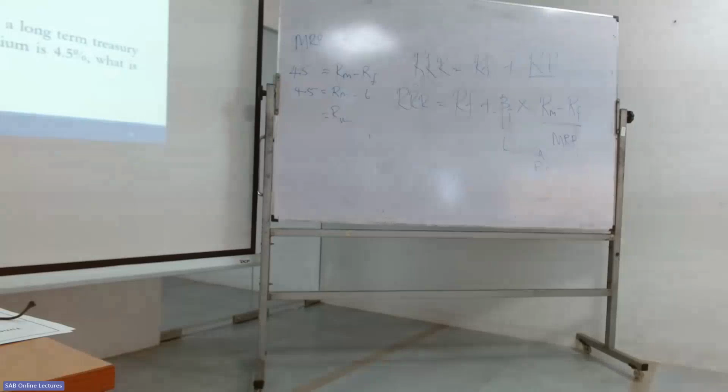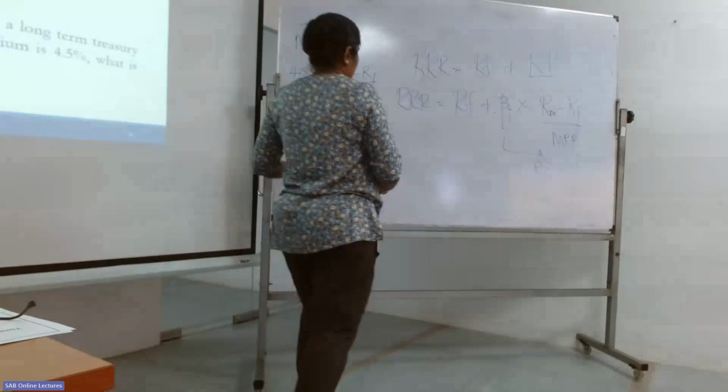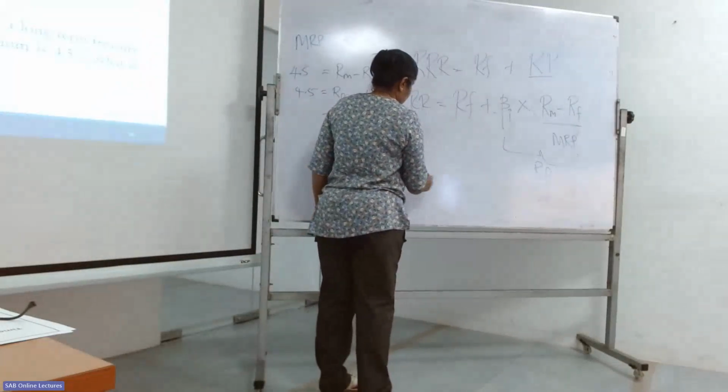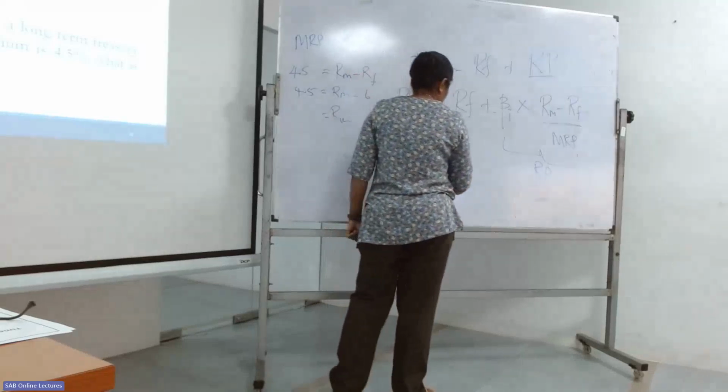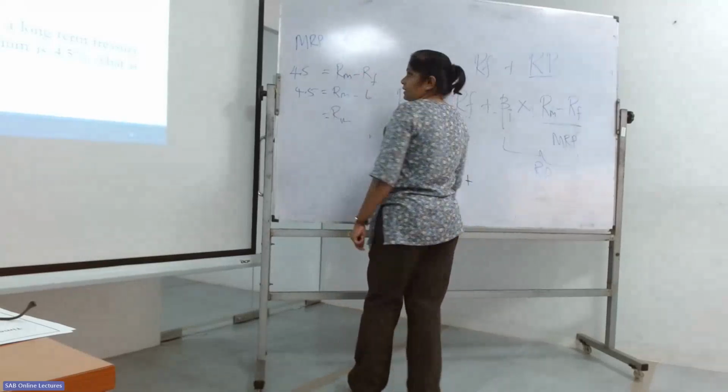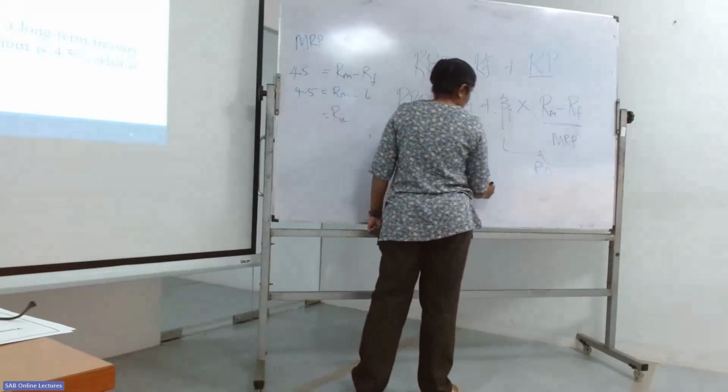How much is the cost of equity? Cost of equity is equal to risk-free rate of return 6% plus beta 0.92, which is less than 1.